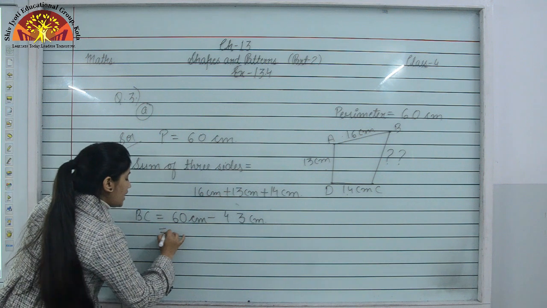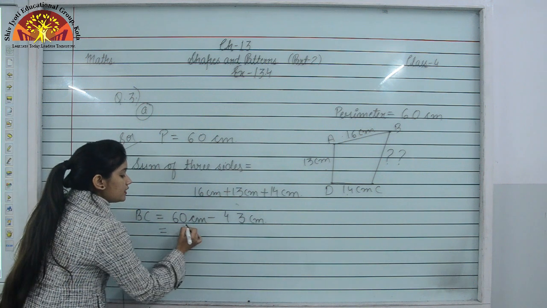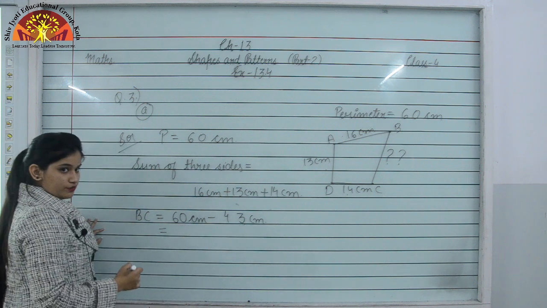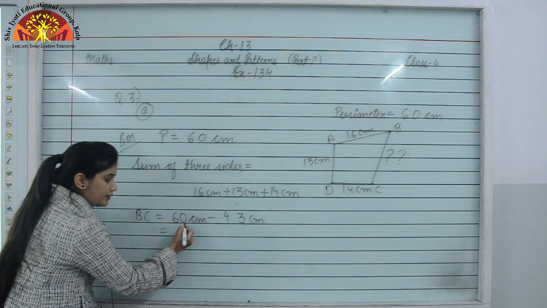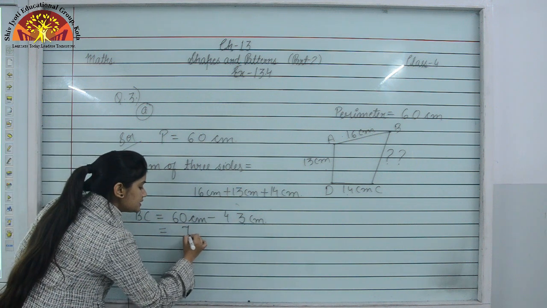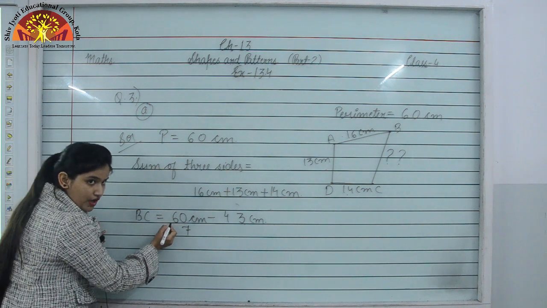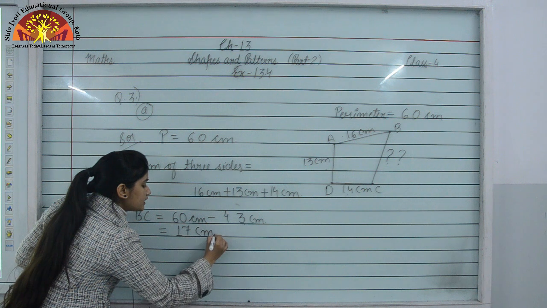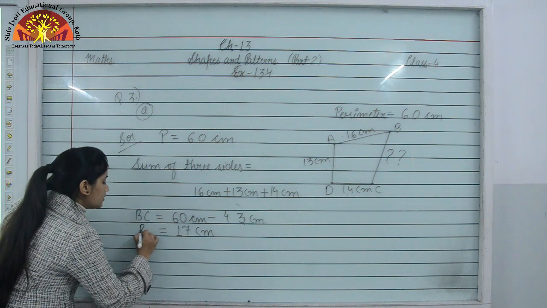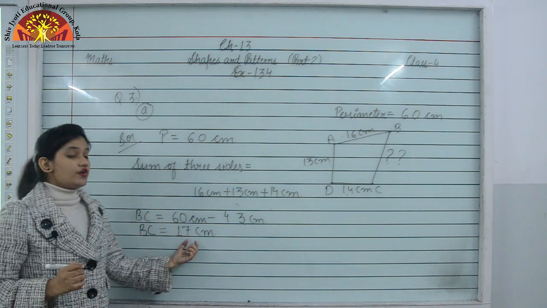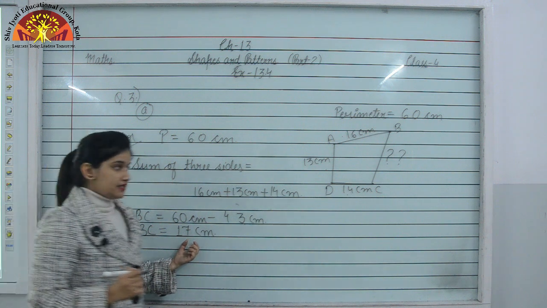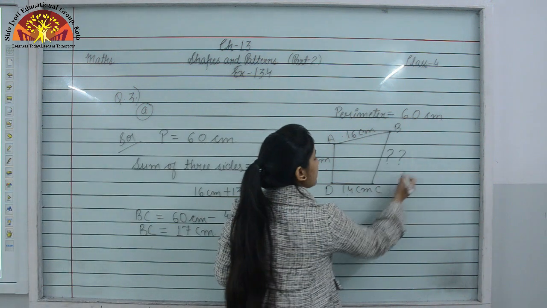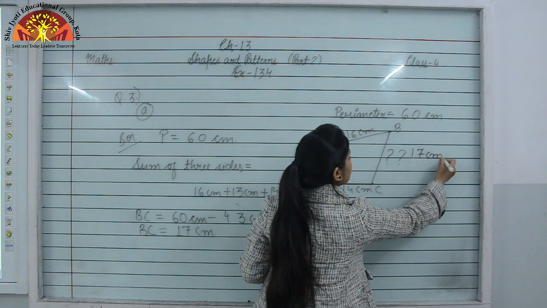Now we have to subtract. 0 minus 3 is not possible, so we have to borrow 1. It will be 10. 10 minus 3 is 7. It will be 5, and 5 minus 4 will be 1. So what is the missing side coming here? The missing side will be 17 centimeter. Is it clear? The length of this side will be 17 centimeter.